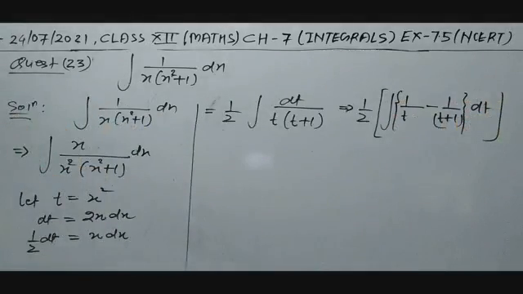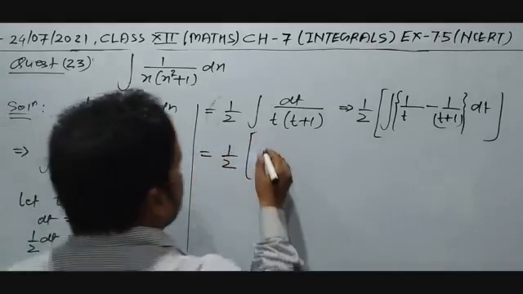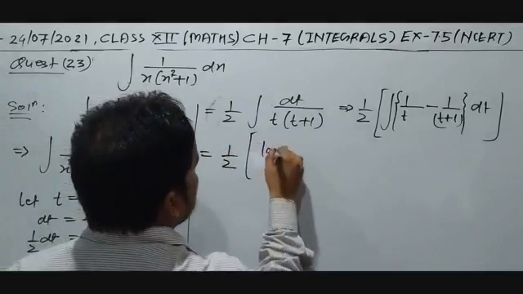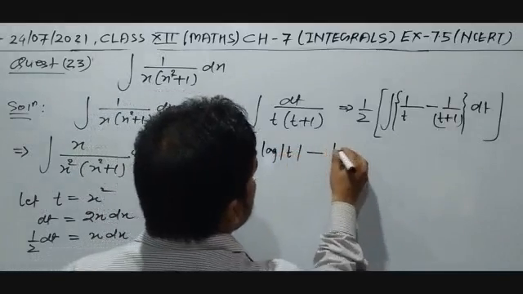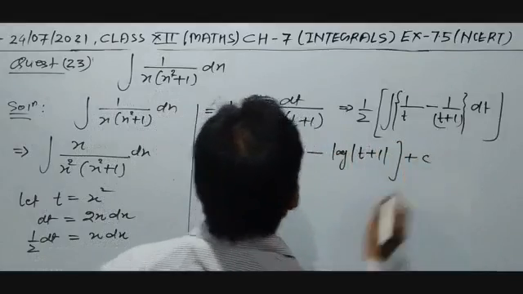After taking the LCM you will get the same result. So 1 by 2 integration over 1 by t dt, that is log of mod of t minus log of mod of t plus 1 plus c.